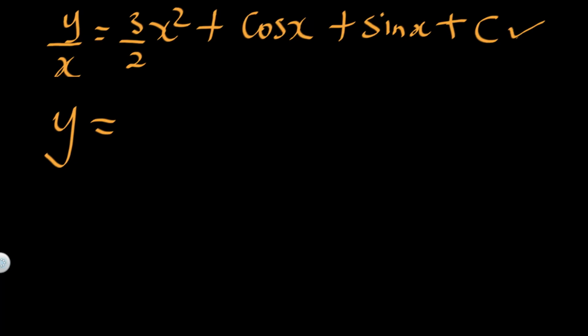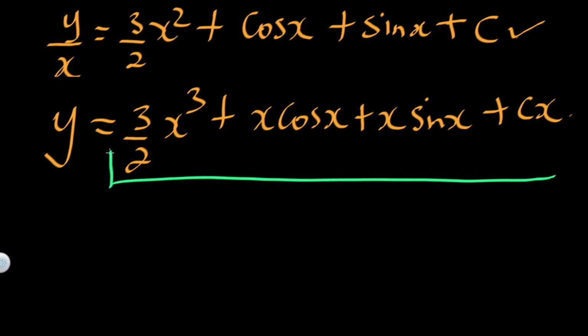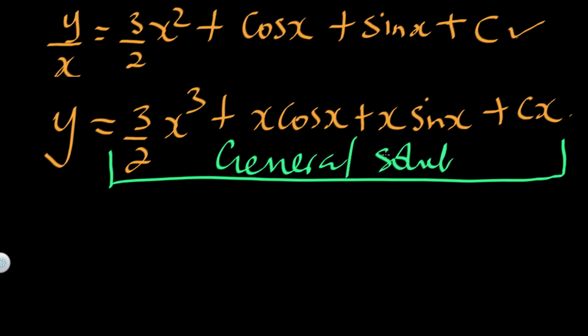Every time I'm multiplying by x, this will give me 3 over 2 x cubed plus x cos x plus x sine x plus cx. I call this the general solution. This is our general solution.